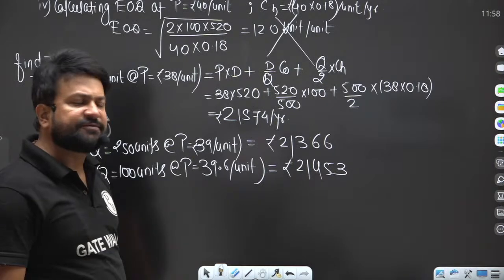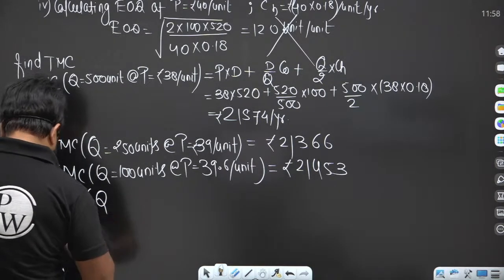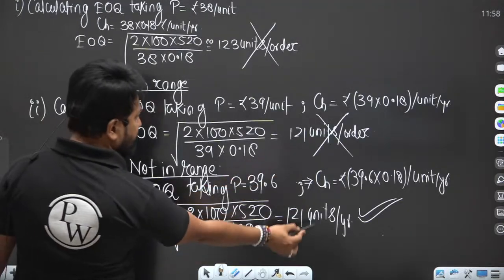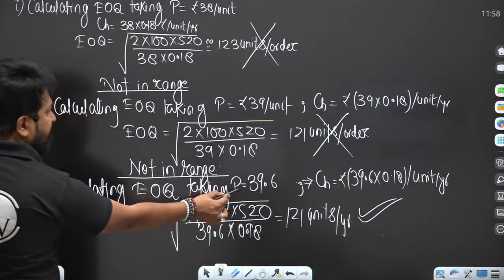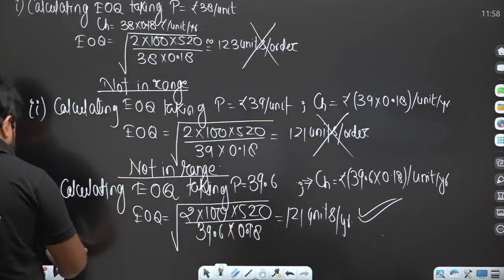So find out the total material cost at your EOQ. Your EOQ is 121 at a purchasing price of 39.6. The wholesaler is ready to give you that many units at 39.6 rupees per unit.